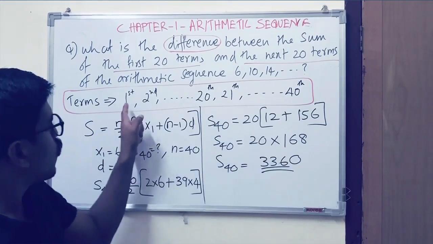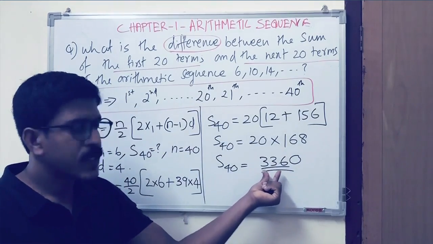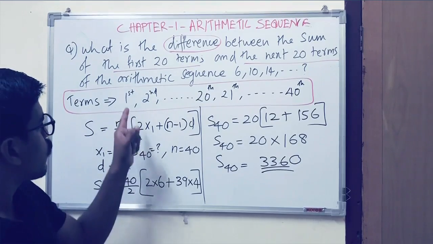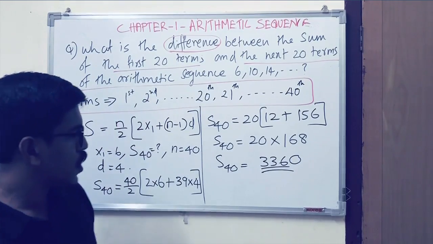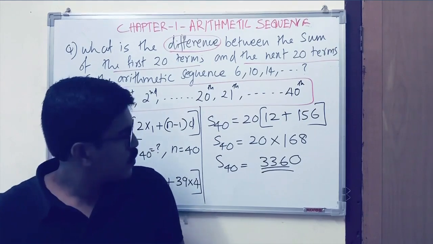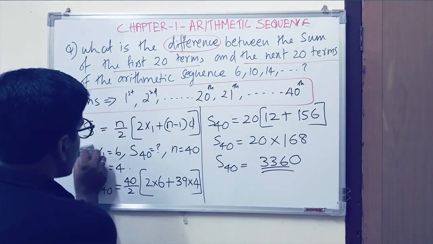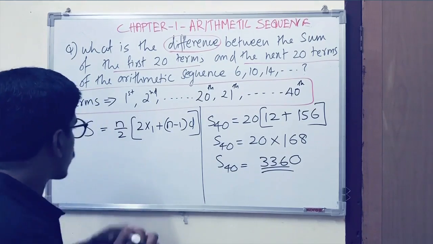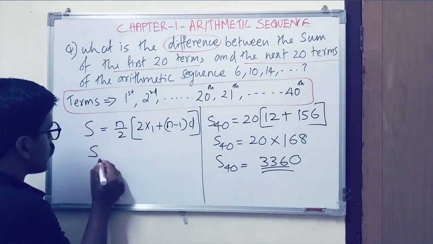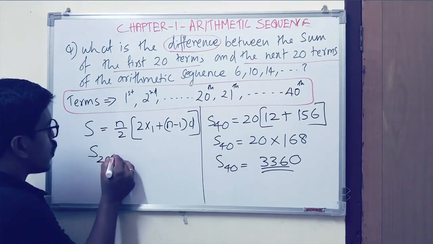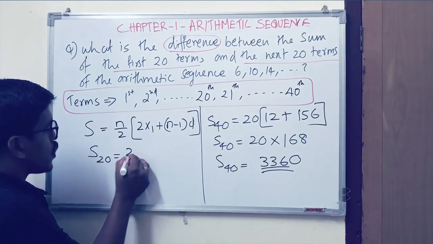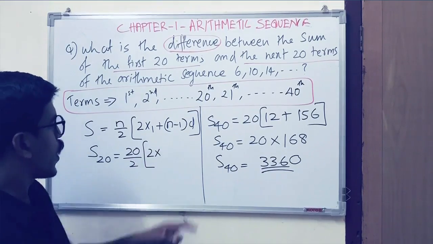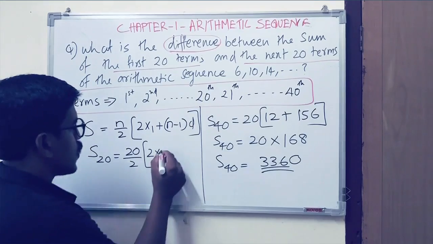So now we got the sum of the first 40 terms as 3360. Now we are going to find the sum of the first 20 terms. This is the same equation, and S20 is equal to n is 20, then 20 by 2 will come, 2 into x1, which is 6, the same number.